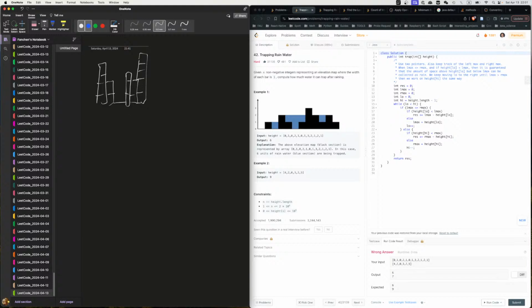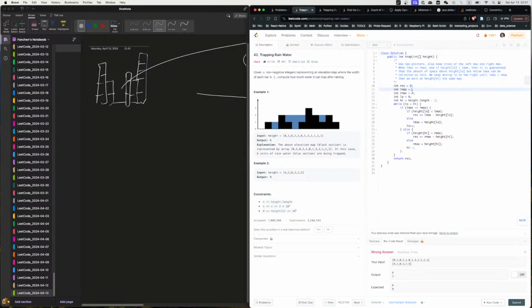It's okay, right? So height low. Okay, so how about, no, we don't start with 0. What do we start with? Height low is 0, high is height dot length minus 1, and we can do it like this.